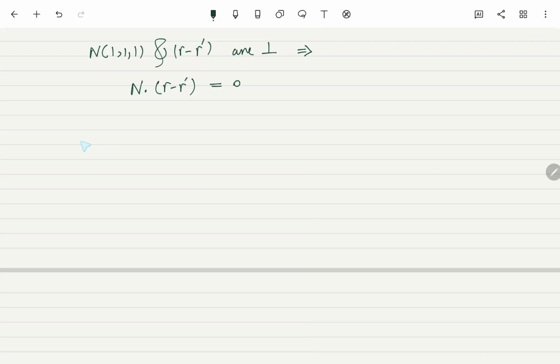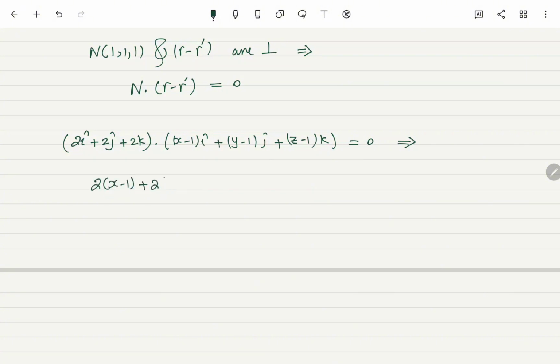In other words, (2i, 2j, 2k) dot ((x minus 1) i, (y minus 1) j, (z minus 1) k) equals 0, or 2(x minus 1) plus 2(y minus 1) plus 2(z minus 1) all equal to 0.